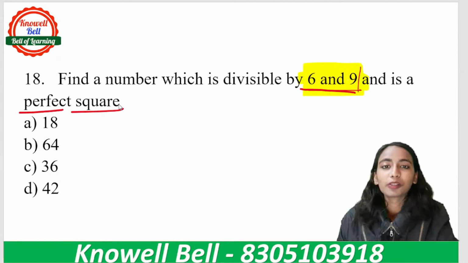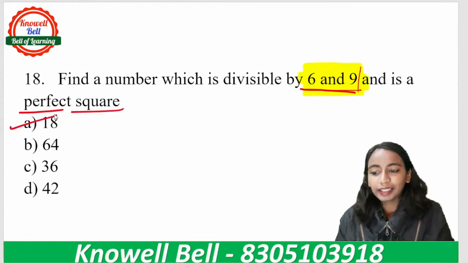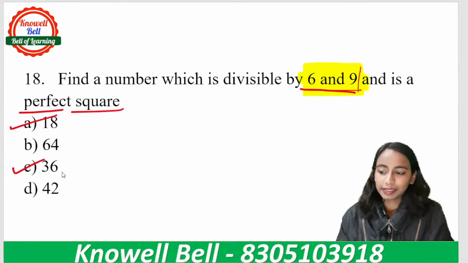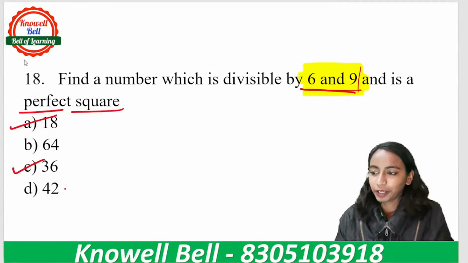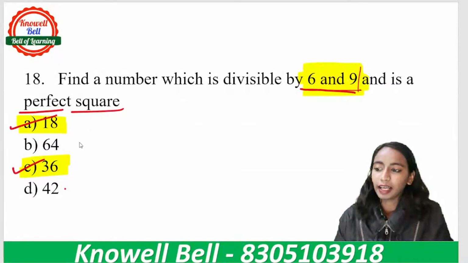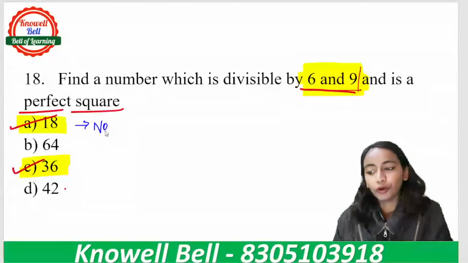So 18 is divisible by 6 and 9. Correct. 36 is divisible by 6 and 9. 64 and 42 we are not talking about. So both these numbers are divisible by 6 and 9. But the question is that 18 is not a perfect square.